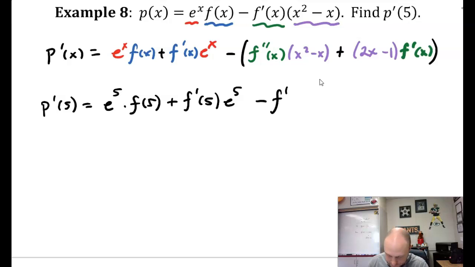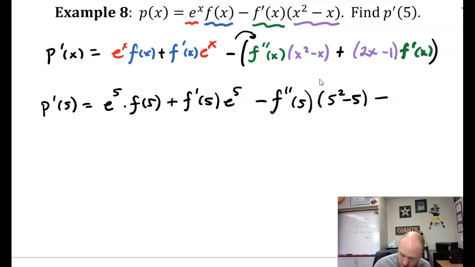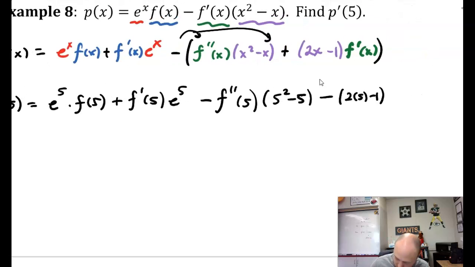Minus f double prime of 5. Okay. Times 5 squared minus 5. Minus, right? We have to distribute this negative. So watch out. That's why that negative in the parentheses is so very important. Okay, minus 2 times 5 minus 1 times f prime of 5.